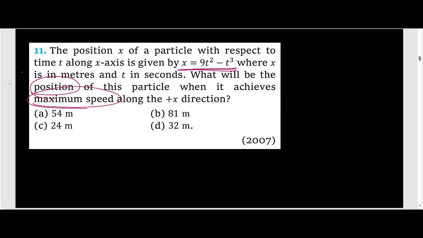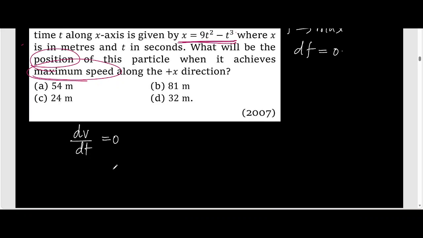What is the condition for any function to be maximum? You might have studied in mathematics. For any function to be maximum, differentiation of that function will be 0, right? The same logic we have to use here. Here the speed is maximum. That means differentiation of speed with respect to time will be 0 for the maxima condition.